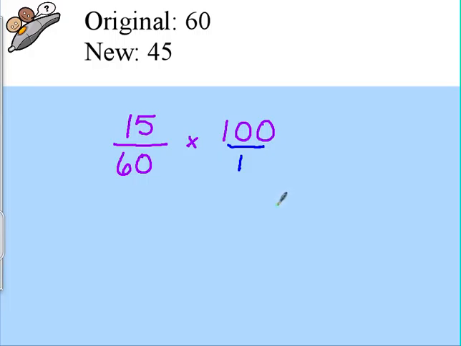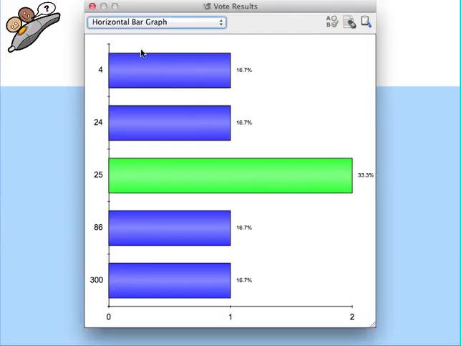Always put the percent sign. 25%, good. So let's see how we got that.